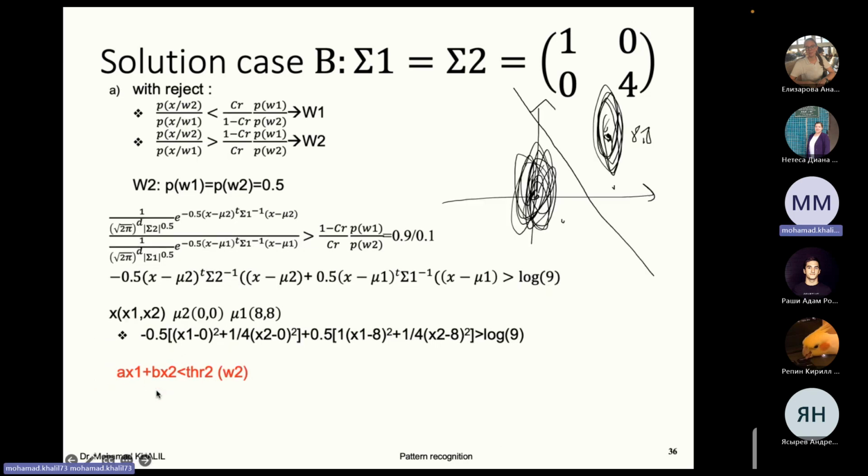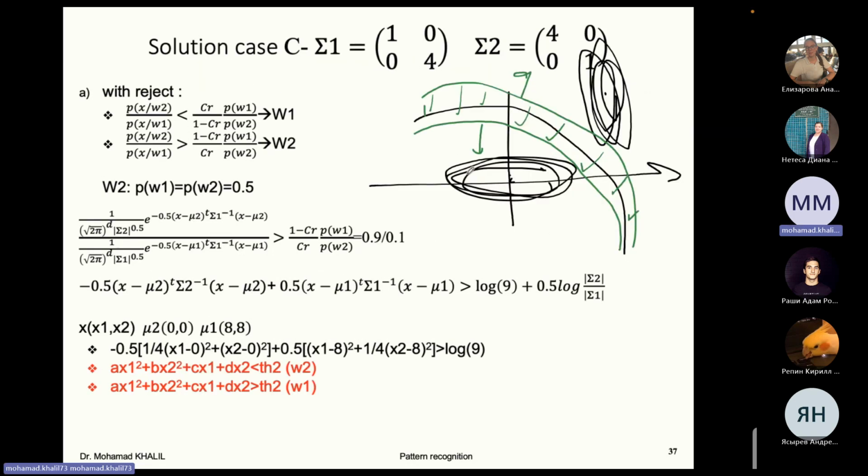Okay, another line, and here is the same. If you put this and this in the term, you will have all this data greater than log 9, so you will have another line. So here you can have another line and another line here, and between you will have class 0, and here class 1, and here class 2.